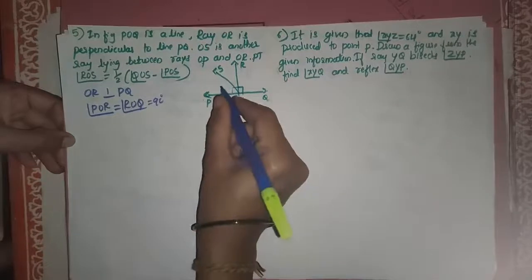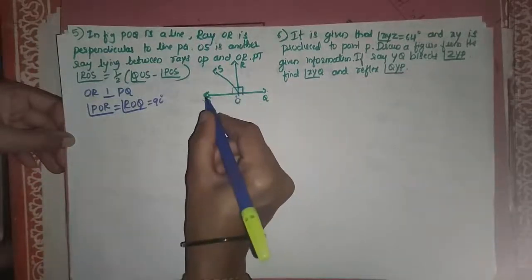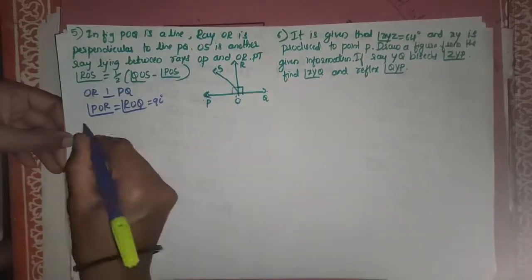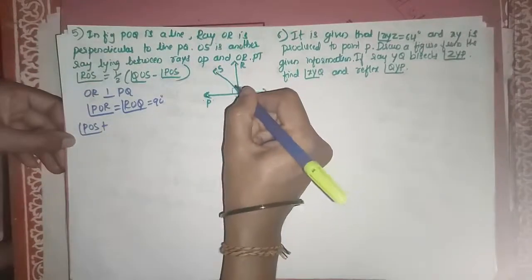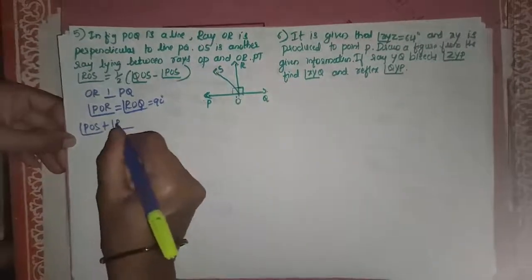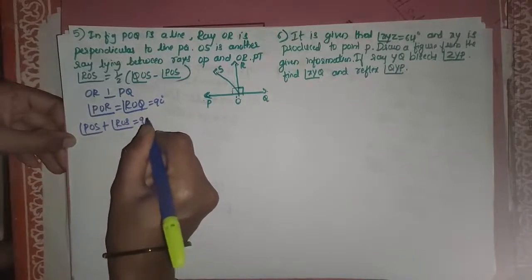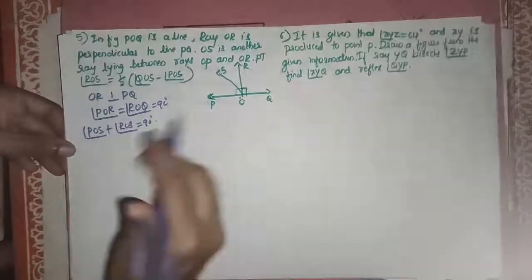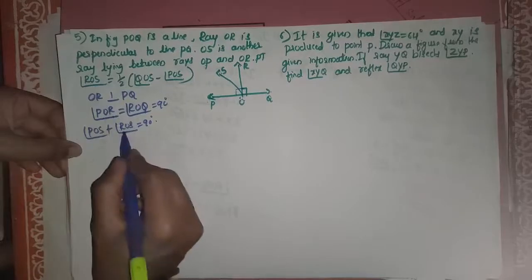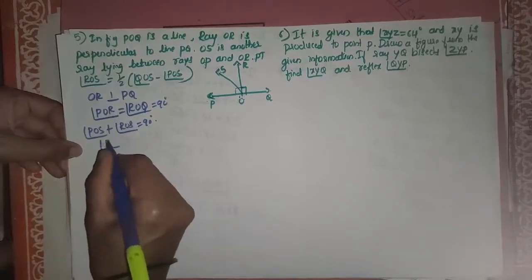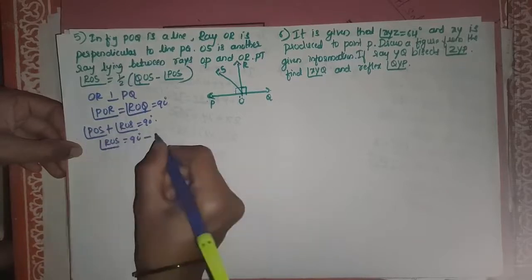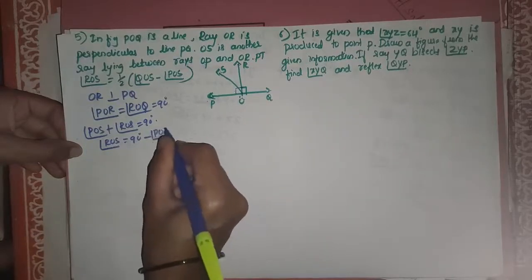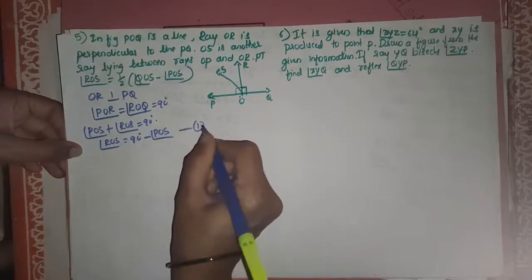Then POS plus ROS, the sum of these two is 90. We need to prove ROS, that's why I write ROS here only. ROS is equal to 90 minus POS. I call this equation number 1.